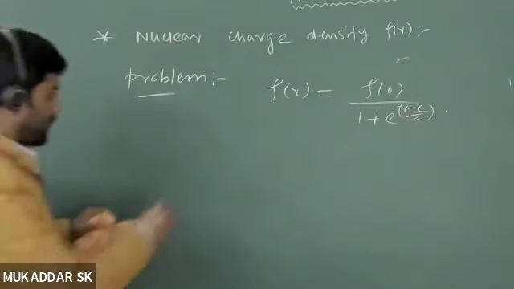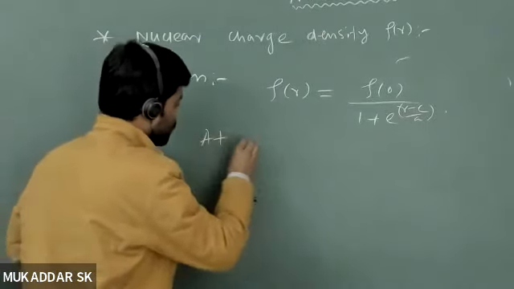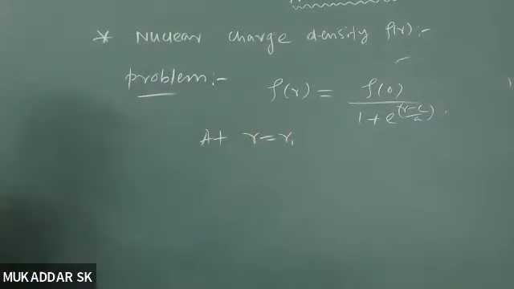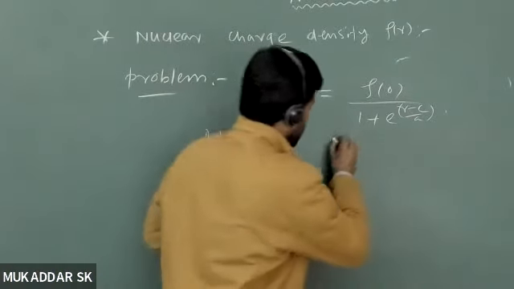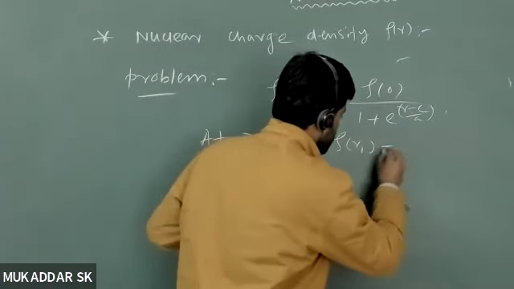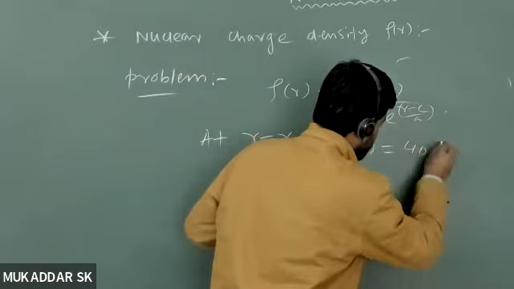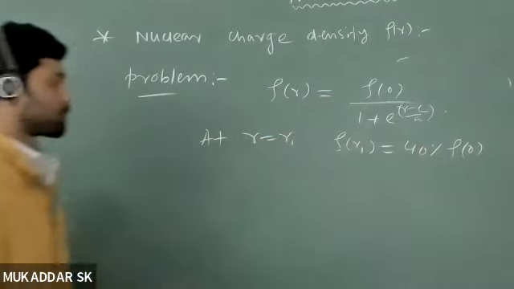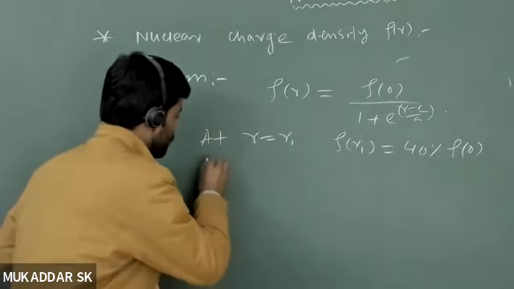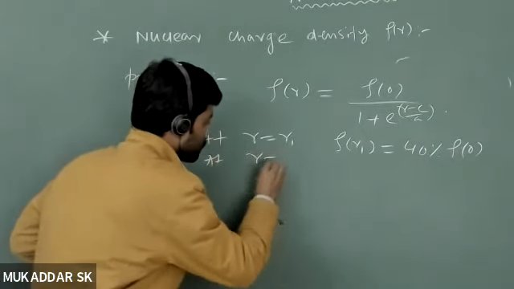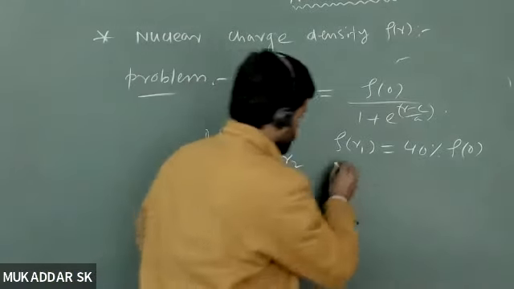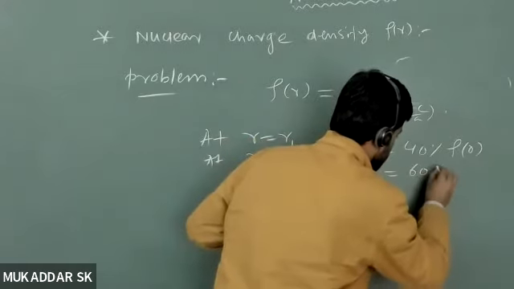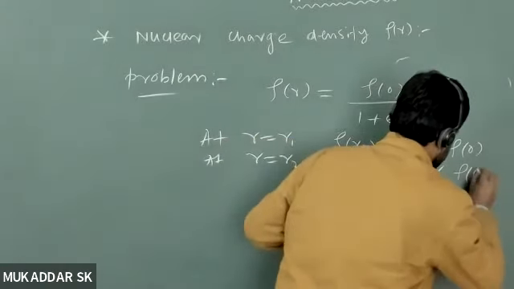And it is given that at r equals r1, rho of r1 becomes 40% of rho naught, and at r equals r2, rho of r2 becomes 60% of rho naught.